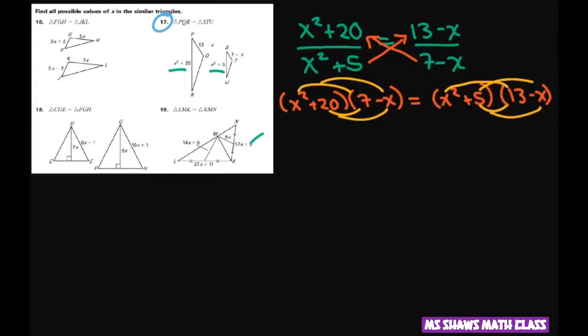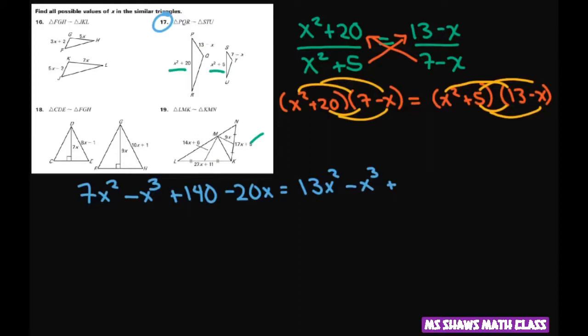And I'm going to put it down here because we're going to need a lot of room. So we're going to have 7x squared minus x cubed plus 140 minus 20x equals 13x squared. Let's see what else we have. Minus x cubed plus 65 minus 5x.